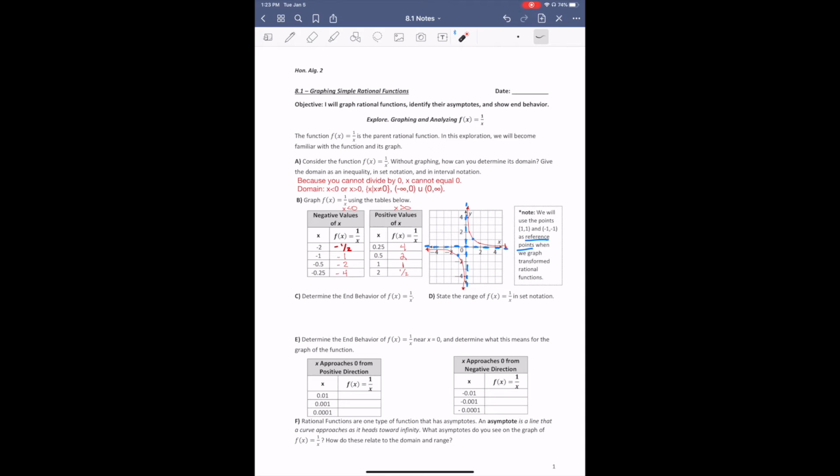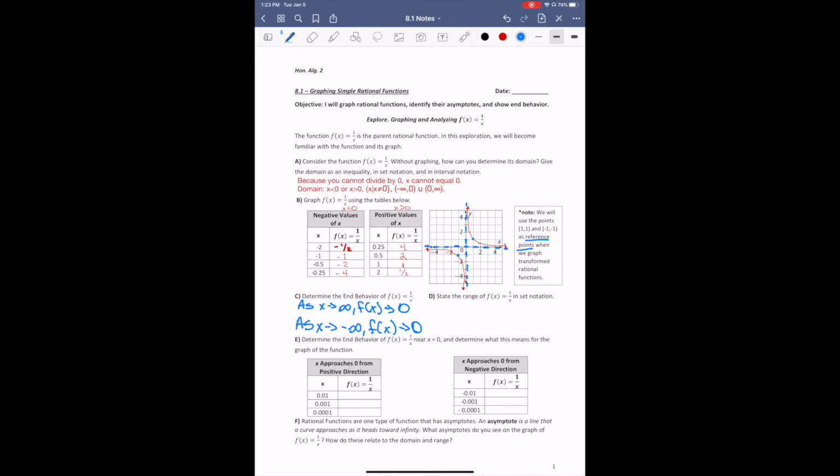Now, determine the end behavior of f of x equals 1 over x. As x approaches infinity, f of x, you can see, is approaching 0. And as x approaches negative infinity, f of x also approaches 0.